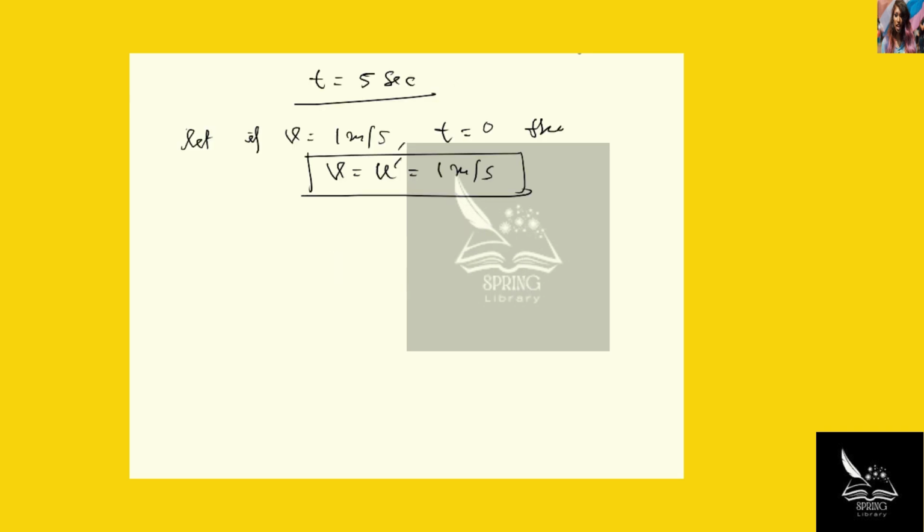Now at the turning point, like at t equals 6 second, v prime will be equal to u prime plus at. According to this, 1 plus minus 1 into 6 is equal to minus 5 meter per second.